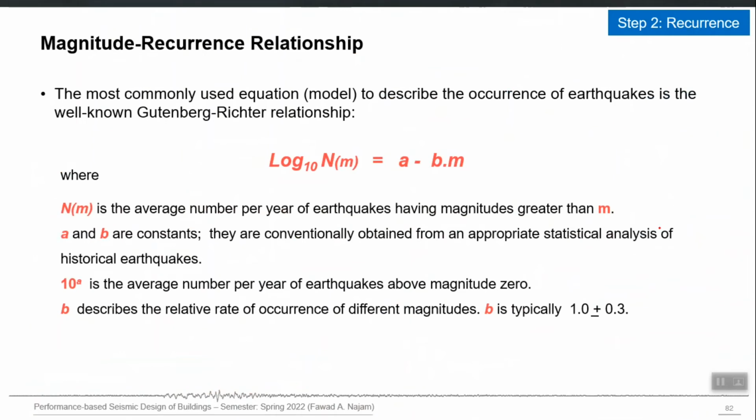Now this is one common law which is called the GR or Gutenberg-Richter relationship. It is a mathematical equation or model to fit the MR relationship.